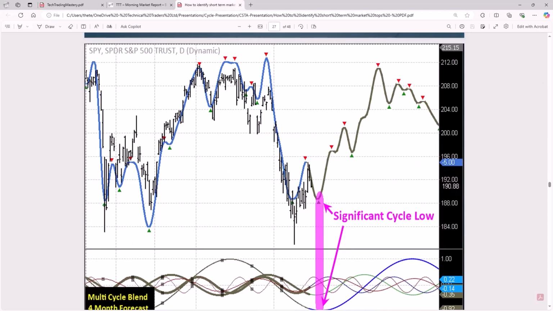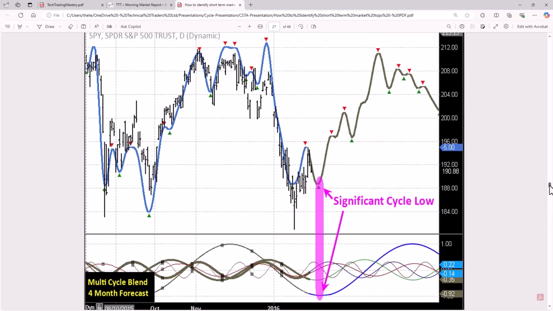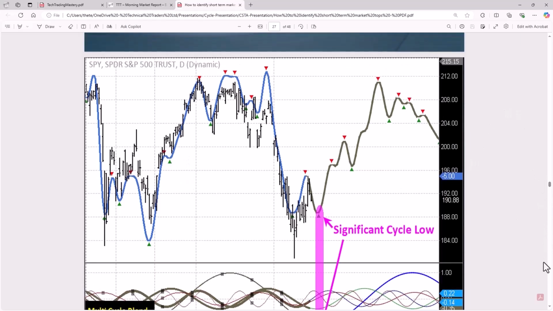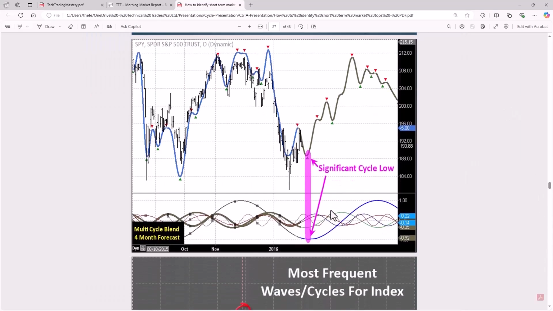So here is an example of the SPY chart, and this is showing these cycles. This is 2016. You can see I focus on multiple cycles that run through the market, so not just one cycle. You've got long-term all the way down to shorter active.